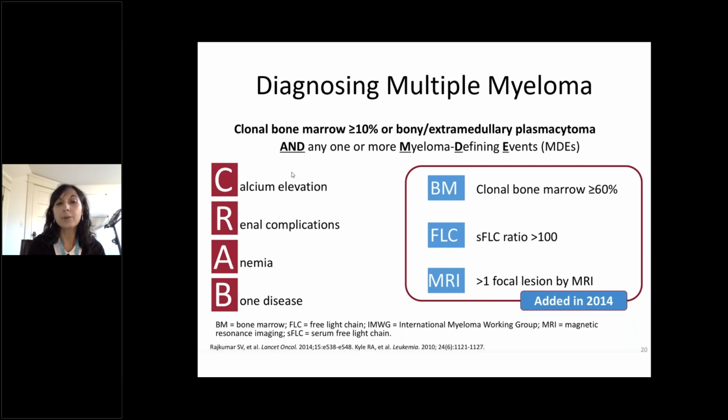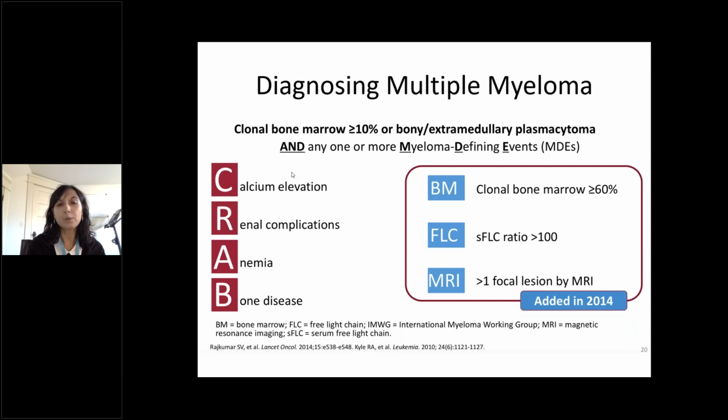The C stands for high calcium levels, which can often make patients quite sick, nauseated, loss of appetite, constipation, confusion, etc. The R stands for renal complications, so some sort of kidney failure, kidney problem, often protein in the urine. The A stands for anemia, like our gentleman that I presented, the low red cell count, and B stands for bone disease.